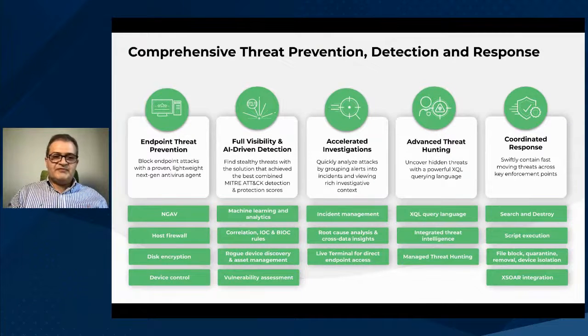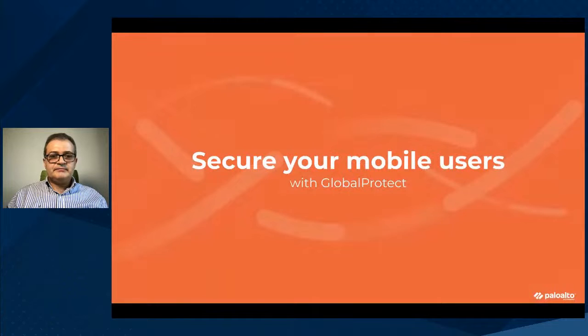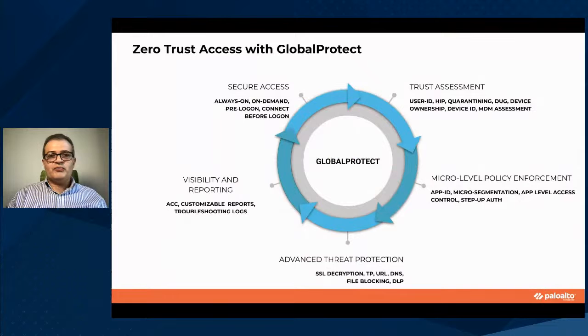So far we've identified the user, and now we've made sure of the device integrity. What about mobile users? A lot of these mobile users, especially now in the pandemic, are not working within the office. They're working from home.